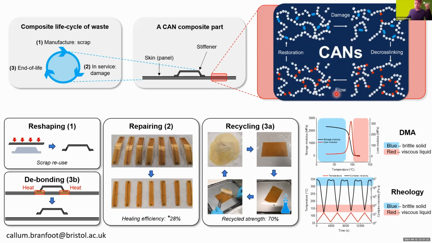In terms of thermomechanical performance, these materials look a little bit like these graphs I've shown here. So this is one example of a CAN that I've made in terms of DMA and rheology. So looking at the DMA result, you can see that at low temperatures, up to 70 degrees or so, we're dealing with a stiff material, not too dissimilar from a conventional epoxy, and this is highly brittle.